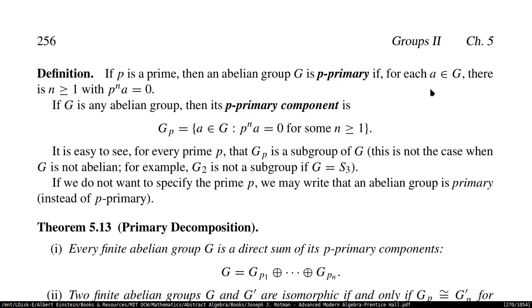Now if you have any abelian group, its P-primary component G_P is just all those elements that satisfy the P-primary condition. It's not always a subgroup if G is not abelian, but if it's abelian, then it's a subgroup containing all the A's from G such that P^n A gives you 0.